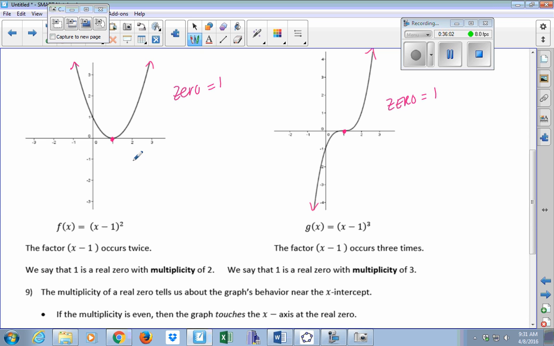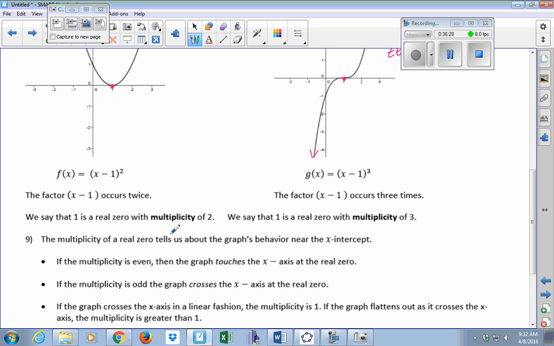It actually crosses over from being below the x-axis to above the x-axis. The name we give to this, the fact that these factors occur twice or 3 times, is multiplicity. That makes sense because you could multiply these 2 factors, and when you multiply it out, it would be 3 factors. So it's called the multiplicity of the zero.